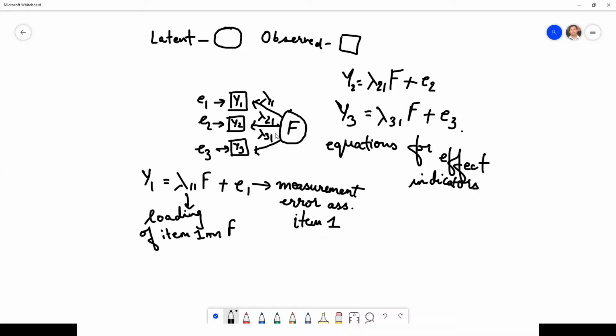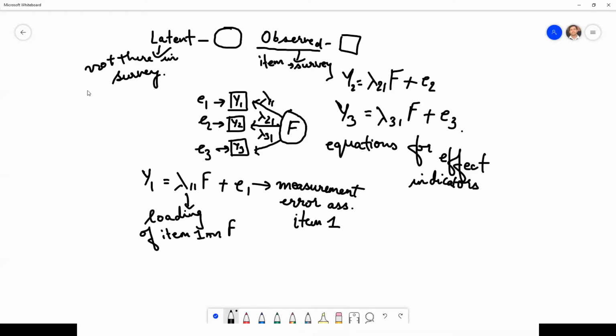What is our observed variable? Observed variable is the item that is going to be there in your survey. Remember this f is not there in the survey. It is not there in the survey.